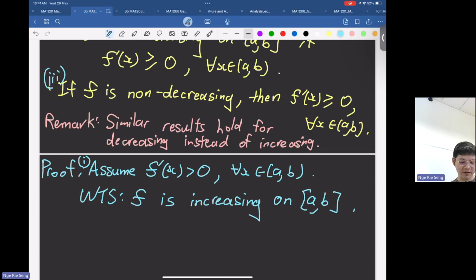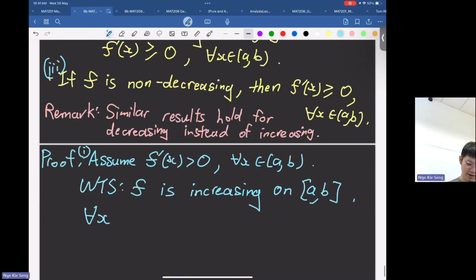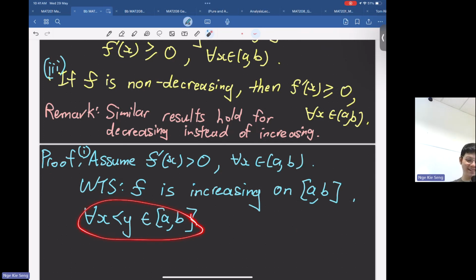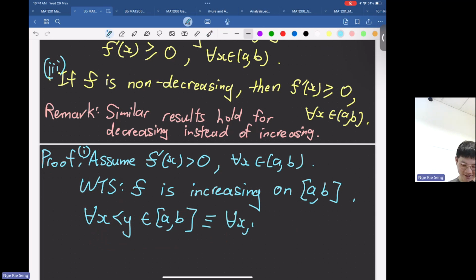To show that f is increasing, what do you need to show? For every x less than y in (a, b), I'm a bit lazy, this is a shorthand notation for every x, y in (a, b) such that x is less than y.